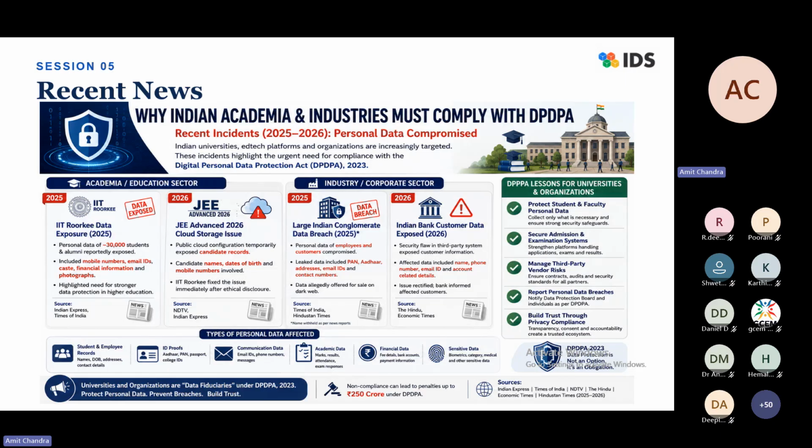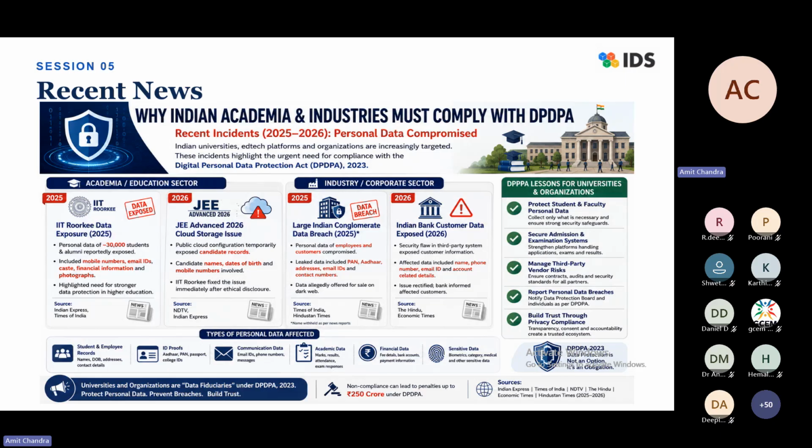The types of personal data collected are student and employee records, ID proof, communication data, academic data, financial data, and sensitive data such as fingerprints. All this data is very important. What the DPDPA regulation says to a university is that you have to protect the data of students and faculty.